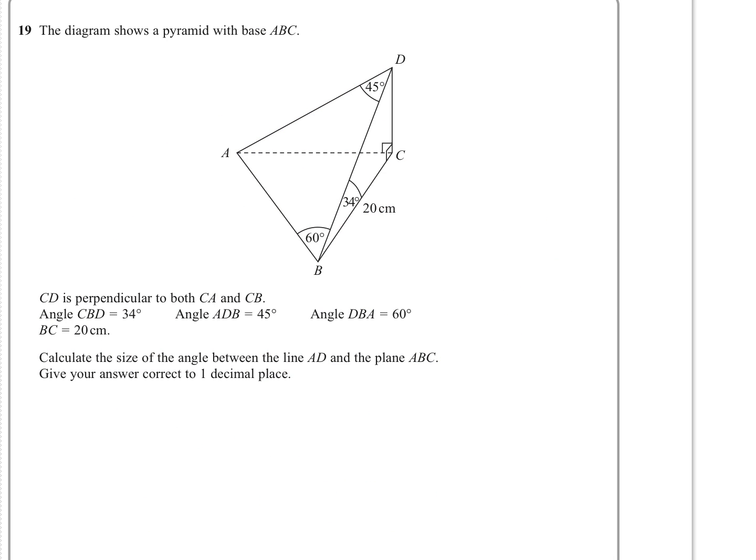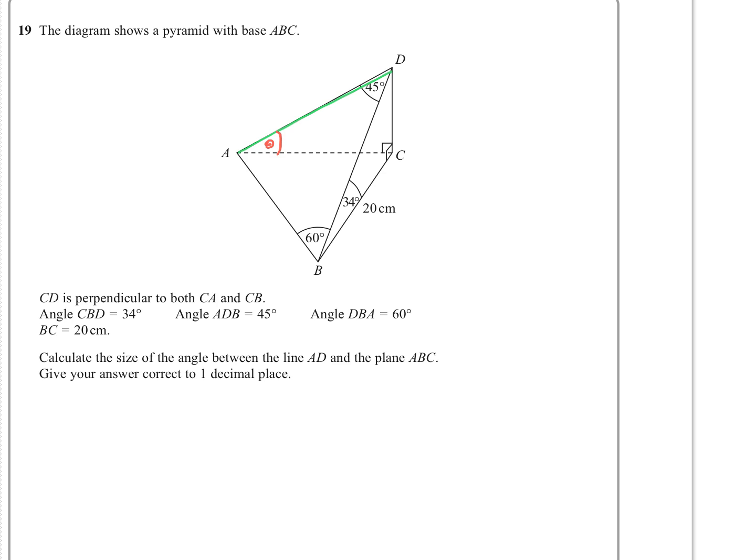Question 19. Well, this is quite a difficult question, so we've got to be careful. We've got to calculate the size of the angle between the line AD and the plane ABC. So we want this angle here.